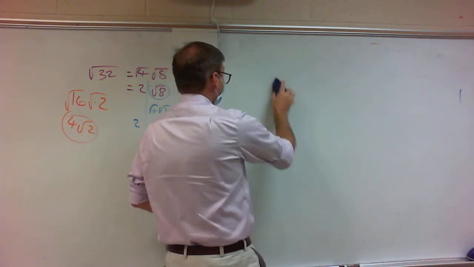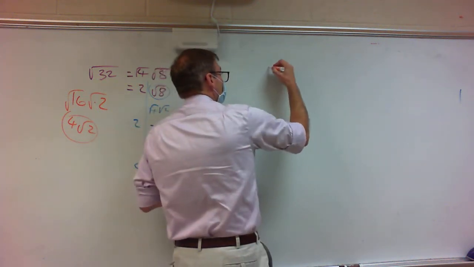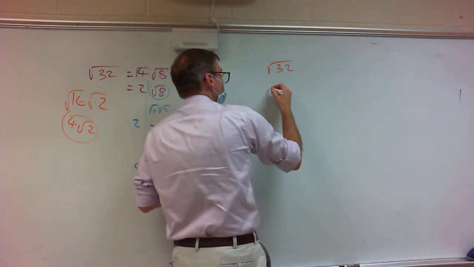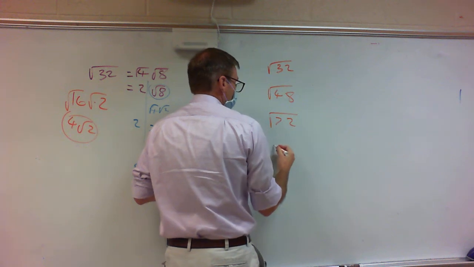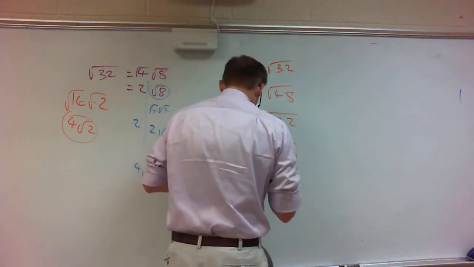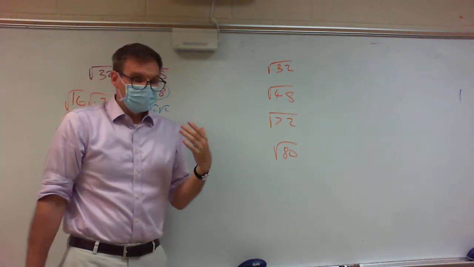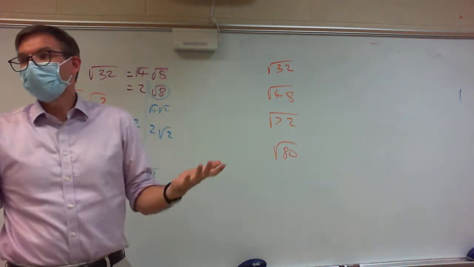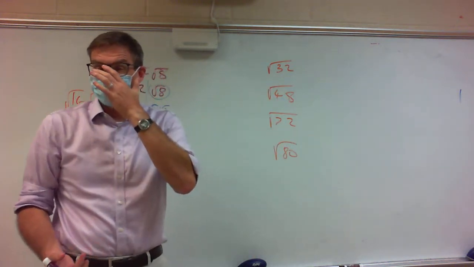The 4 are the square root of 32, the square root of 48, the square root of 72, and the square root of 80. I'm not asking you to write down a whole lot, I'm just saying this is going to make your life easier if you know these little square roots.